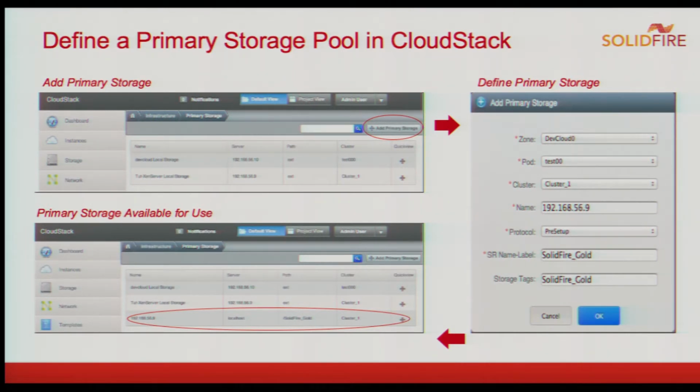Yeah. And a lot of these will be distributed. If you have multiple clusters, this cluster will only be concerned with primary storage X, Y, and Z. That guy might be primary storage A, B, and C. So he's really only concerned with those three. This guy's concerned with his three. And CloudStack pretty much just knows how much capacity and IOPS have been used up from those different storage pools.